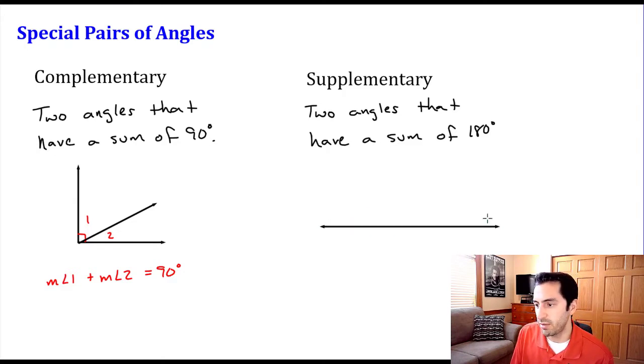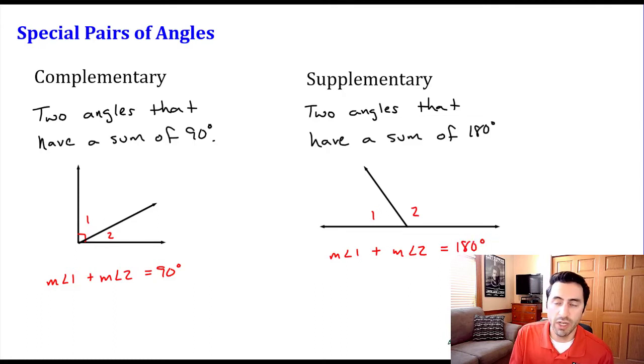So 180, that makes a straight line. And then we'll split this into two separate angles. And we'll name these angle 1 and angle 2. So the definition of supplementary tells me that when I add the two measures together, I get 180 degrees.